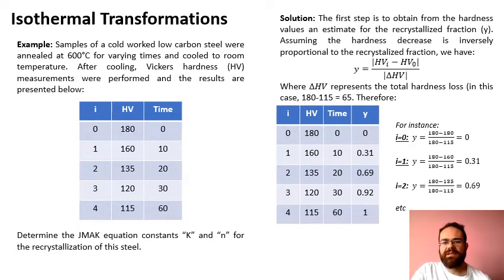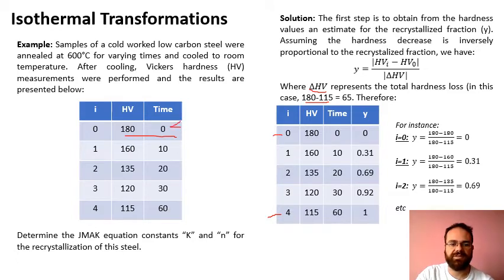We will assume that the hardness decrease is proportional to the recrystallized fraction. So we have an overall hardness loss, delta HV, which is 180 minus 115. We are assuming that the initial hardness corresponds to a zero amount of recrystallization, which is good because it was not even heated.